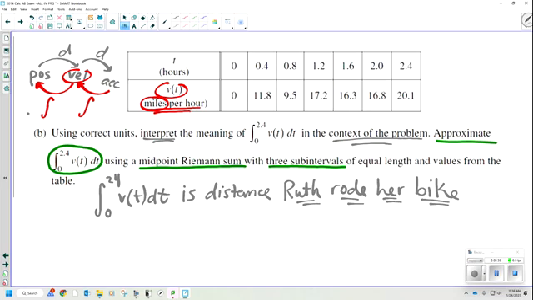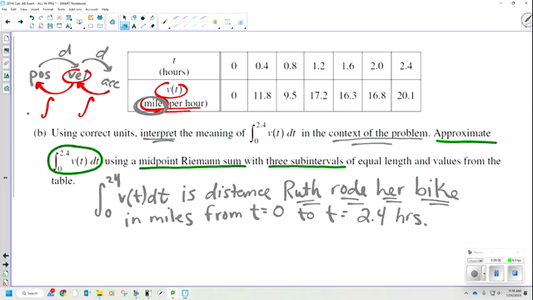So rode her bike in miles, right? Because again, we mentioned miles. Okay, in miles from a time of 0 to a time of 2.4 hours. That to me explains what the integration or the integral means or represents in the context of the problem.